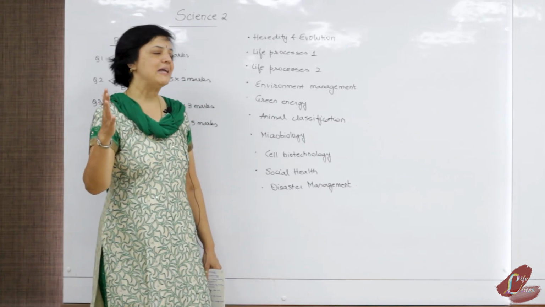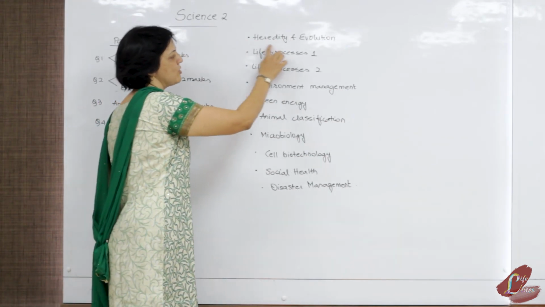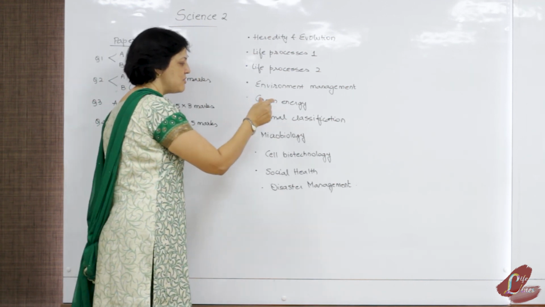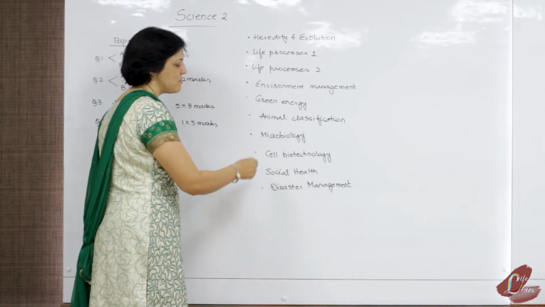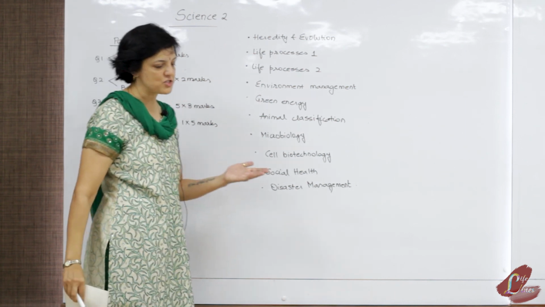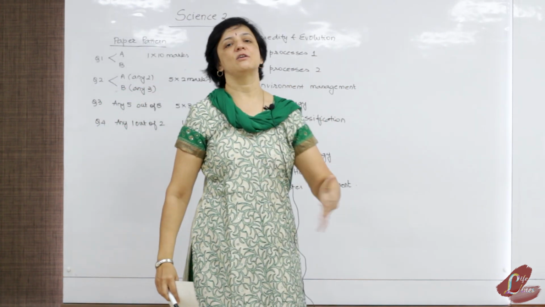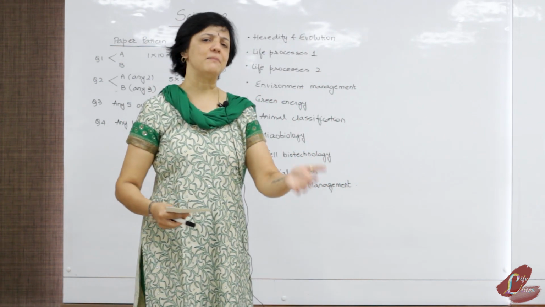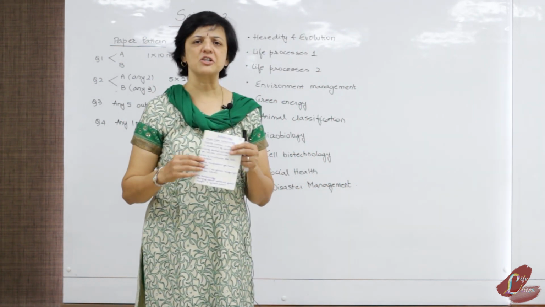As far as the remaining chapters are concerned, take a look at this: Life Processes 1, Life Processes 2, Green Energy, Animal Classification, Microbiology and Cell Biotechnology. Very, very descriptive chapters. One tool that I use even when I'm teaching is making flashcards.